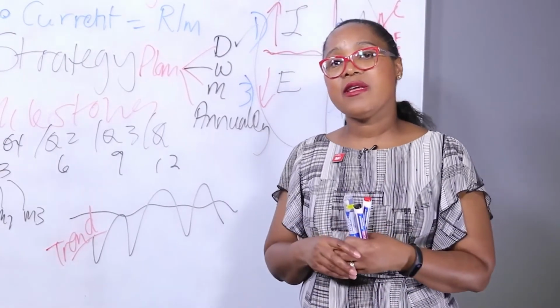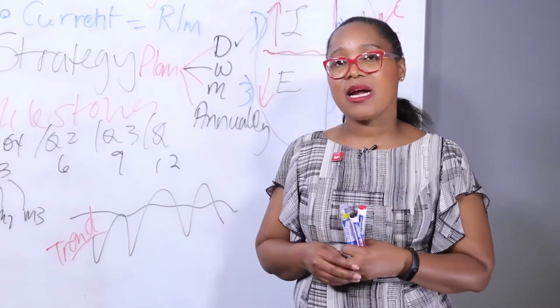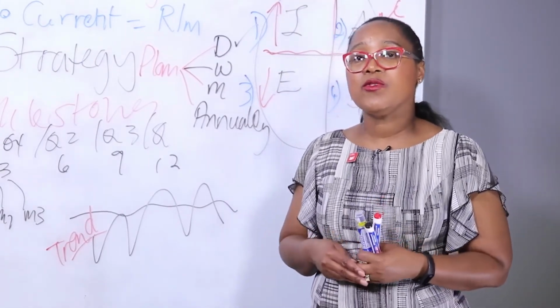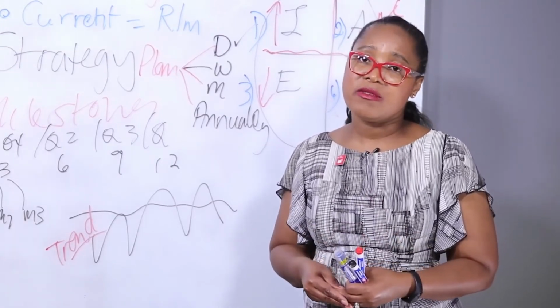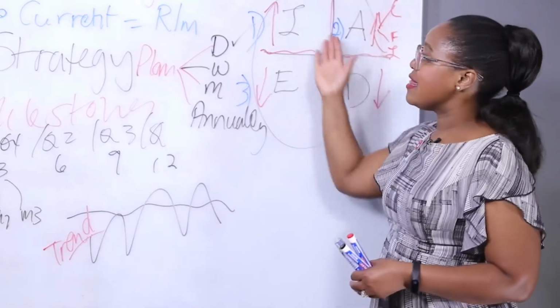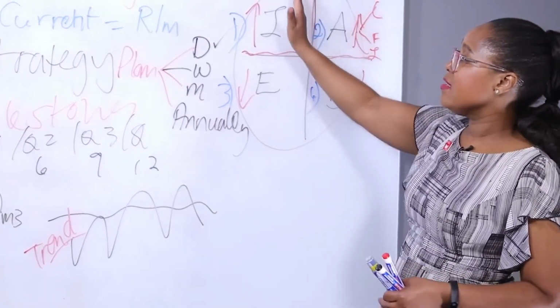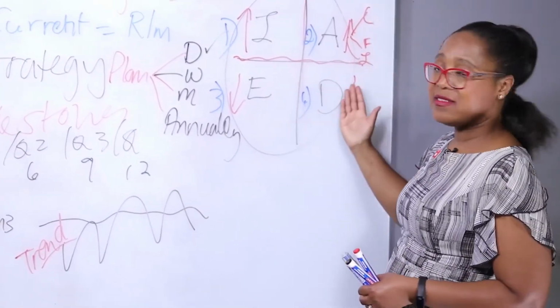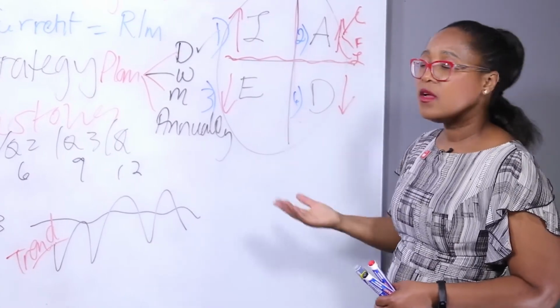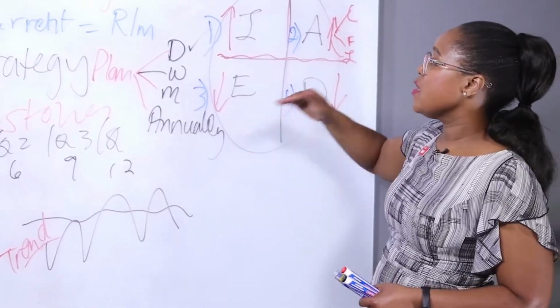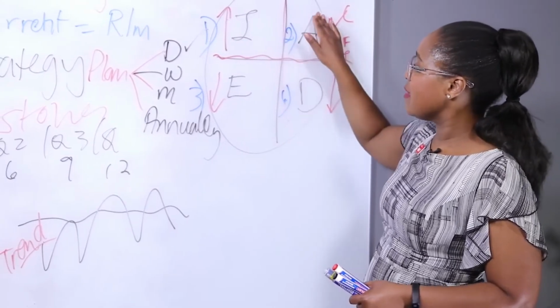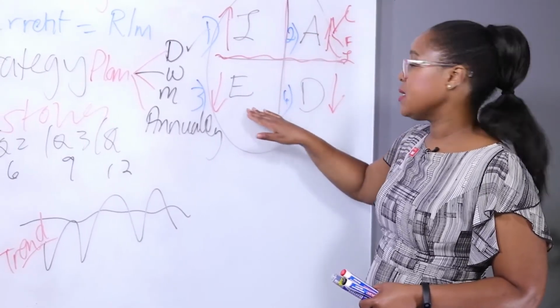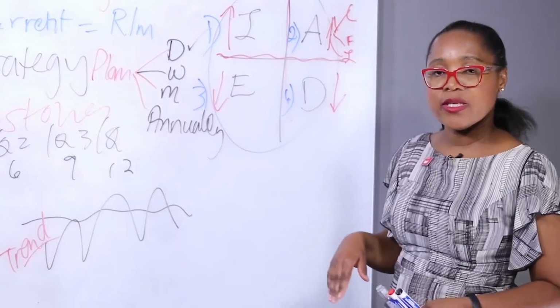At the end of the period, the management accounts can also be used to manage the performance, to manage the positioning of the business. Because at the end of the day, remember, this side is a performance, this side is a positioning. So as you're building up your business, your objective is to increase the revenue, increase the asset, and reduce the expenditure, and reduce also the debt.